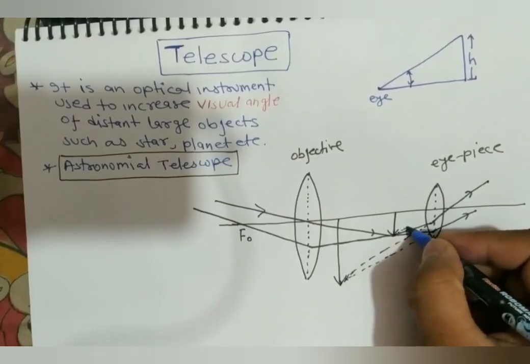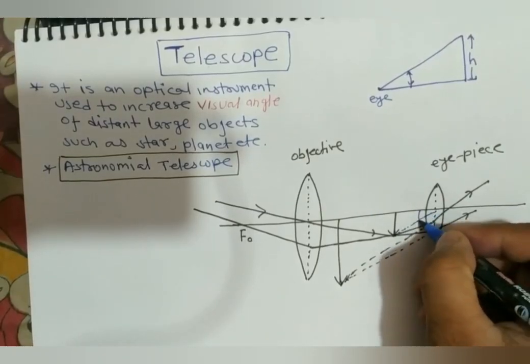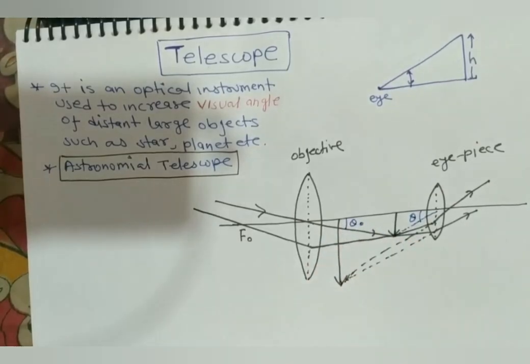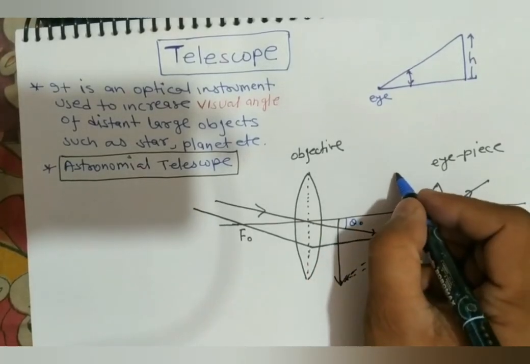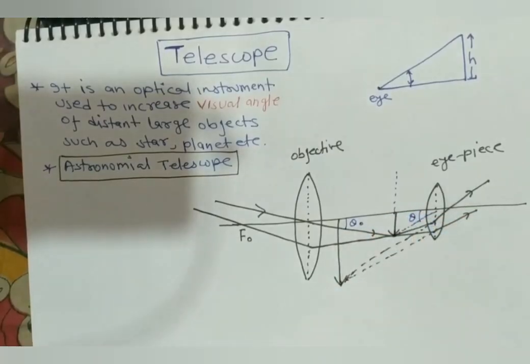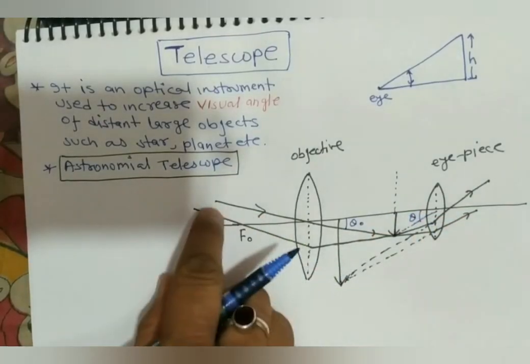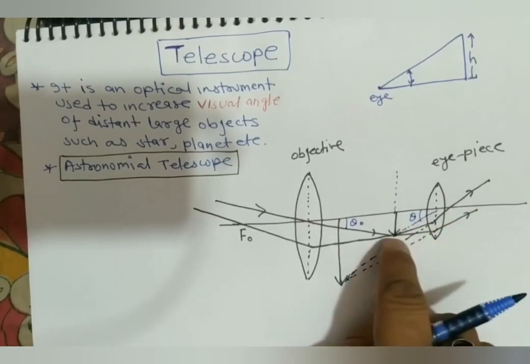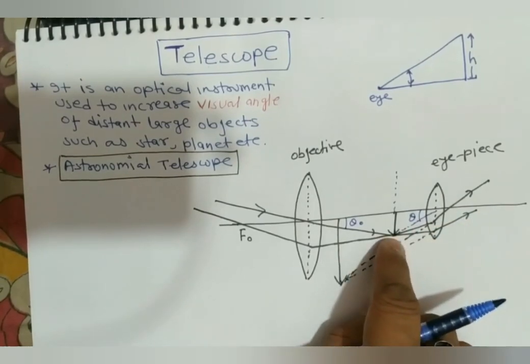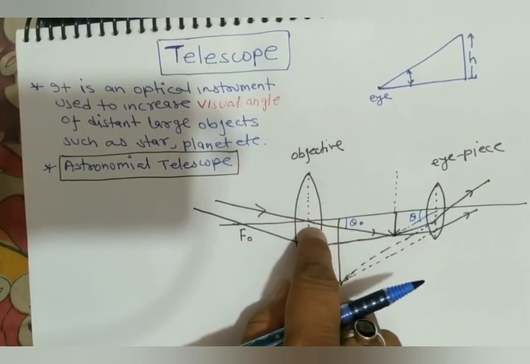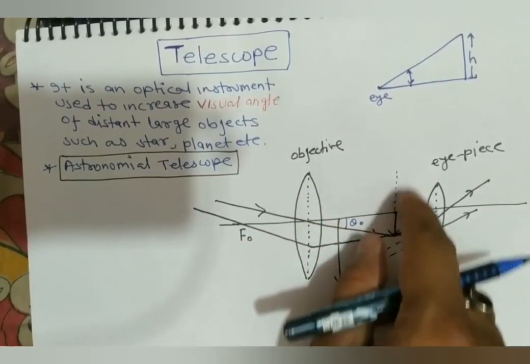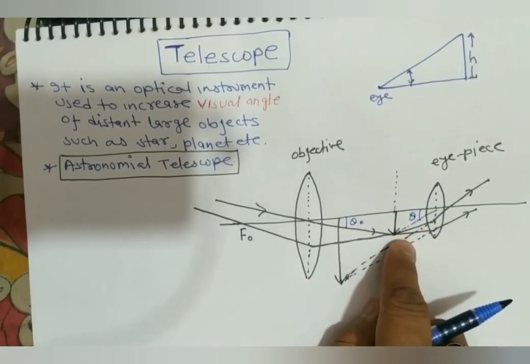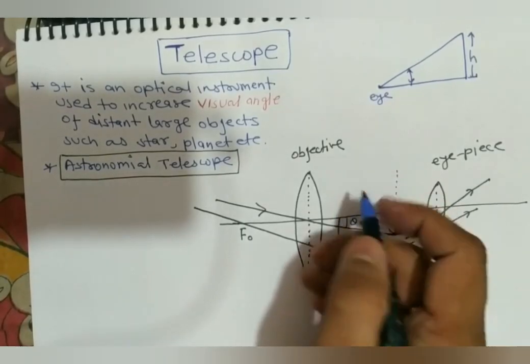Let us mark this as theta, and this is theta naught. As we know, in a telescope or microscope the first image is made in the focal plane of the second lens. The first image by the objective is always made in the focal plane of the eyepiece.